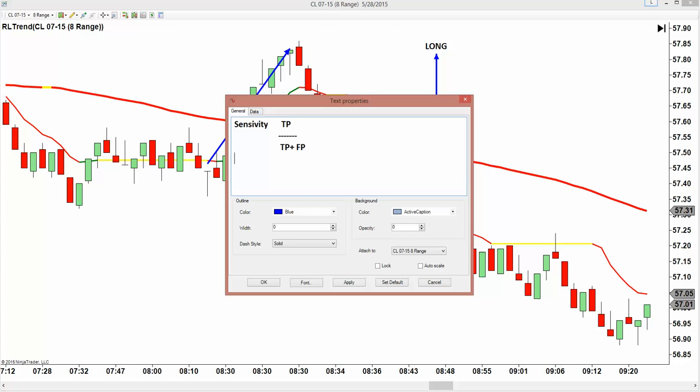The other one is specificity, and that's the number of true negatives. That's what we want to find out. We're not interested in all the true positives. Well, we're interested in them, but we know we can't get all of them. What we want to do is have our tools filter out the false negatives and get us into the true, and define the true negatives. That is the trades that are not going to work. That's a true negative.